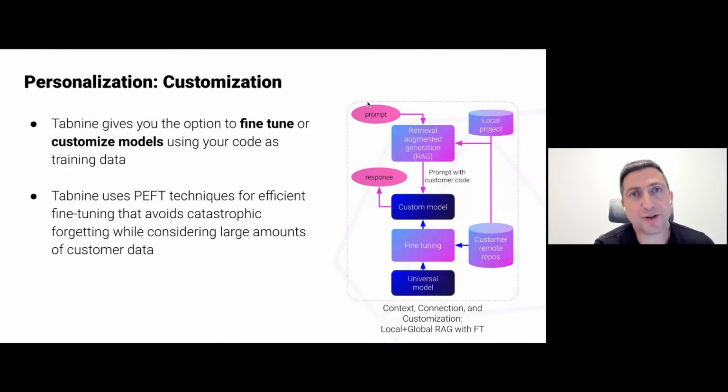Finally, I mentioned customization. This is the combination of everything I've shown so far, but now we can also create a fine-tuned custom model based on your organization's code. It's a combination of retrieval augmented generation together with a custom fine-tuned model for your org or parts of your org, giving you full customization, specialization, and personalization of Tabnine to your world.